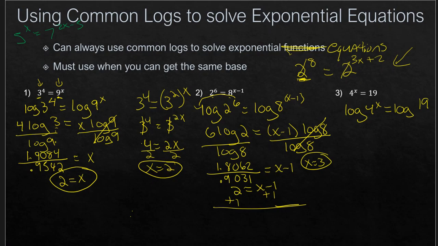You can't just do one side. And then we try to get rid of all the exponents and stuff like that. So we throw that in front. x times the log of 4 equals the log of 19. And then we want the x by itself, so we're going to divide by the log of 4.